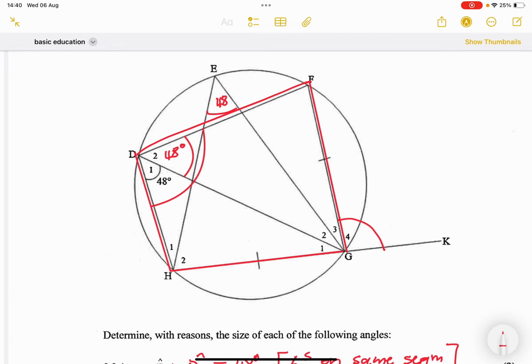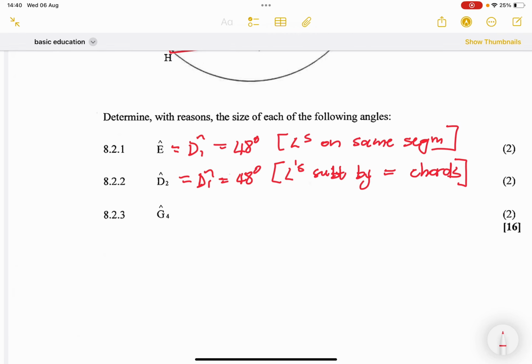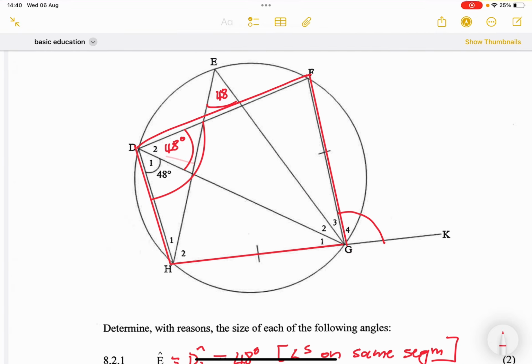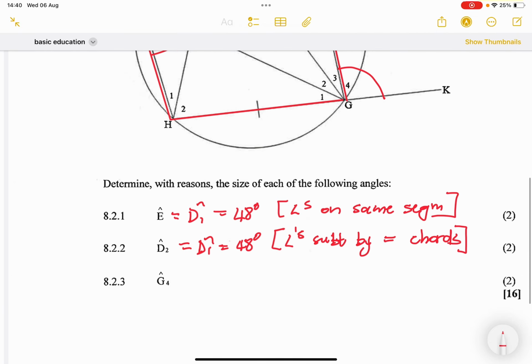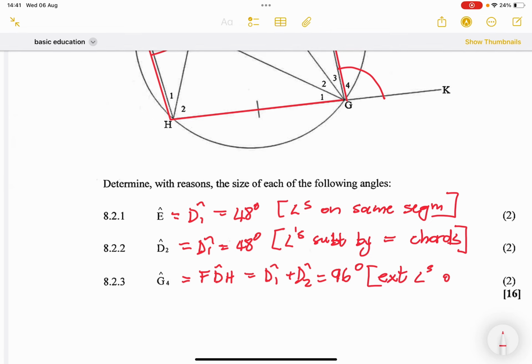So G4 is equal to D1 plus D2. In fact, let's call it FDH. So G4 is equal to angle FDH, which is composed of D1 plus D2. And so that would be 48 plus 48, and that would give us 96 degrees. But why is that the case? Because it is the exterior angle of a cyclic quad.